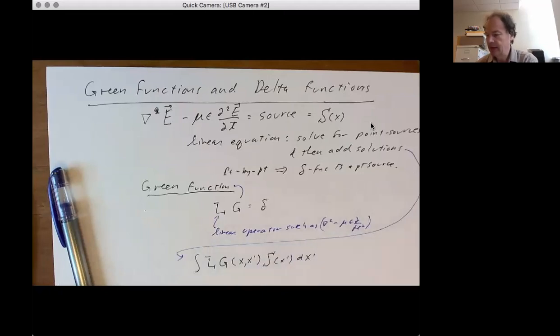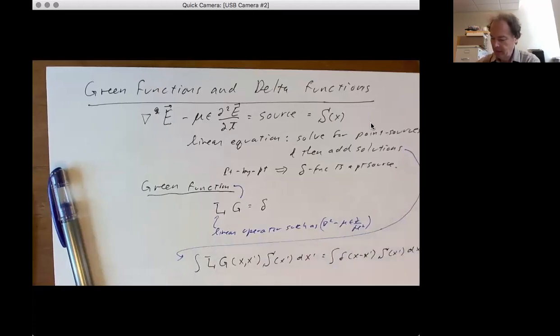This can be in one dimension, this can be in many dimensions, it doesn't really matter. dx prime can be dx, dy, dz. These can be like vectors, so d vector x prime is a volume integral in that case. And this is equal to the other side, which is the integral of delta. Since this is delta, we're putting x minus x prime here, S of x prime dx prime.